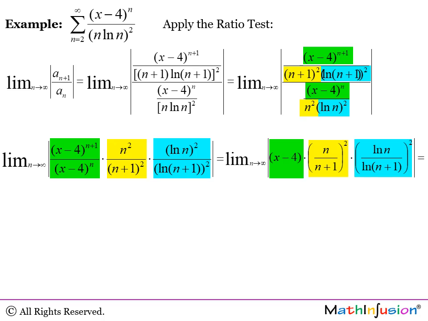So 1 to the power of 2 is 1. Another L'Hopital applied on ln of n over ln of n plus 1 will give you that the limit of this is 1, and 1 to the power of 2 is 1.